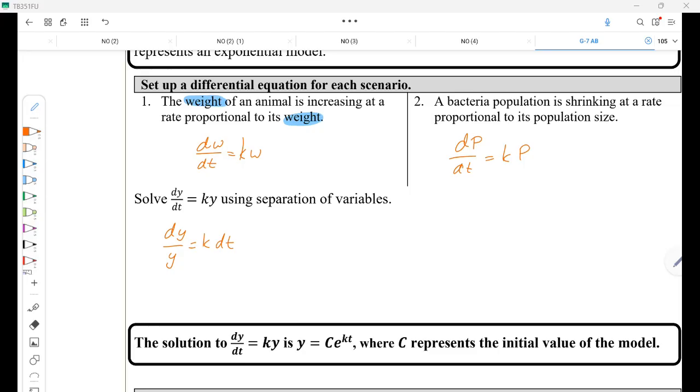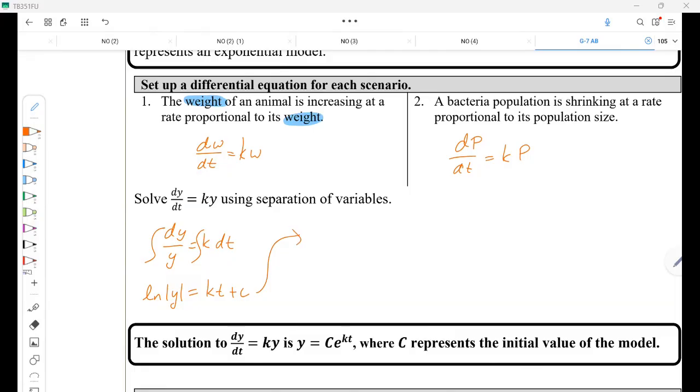Makes sense? And then when I integrate, on the left I get ln absolute value of y, and on the right I get kt. Boom. And then, not just kt, but kt plus c. Yep.